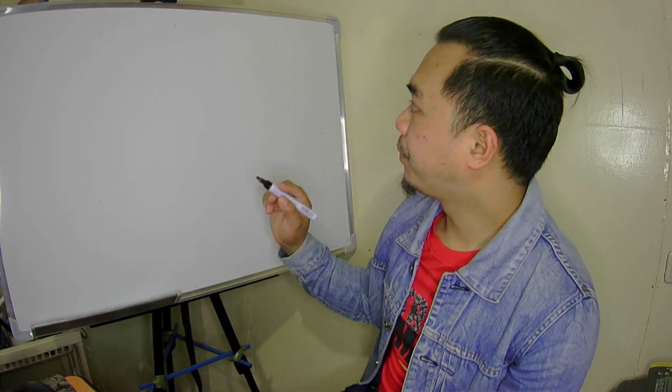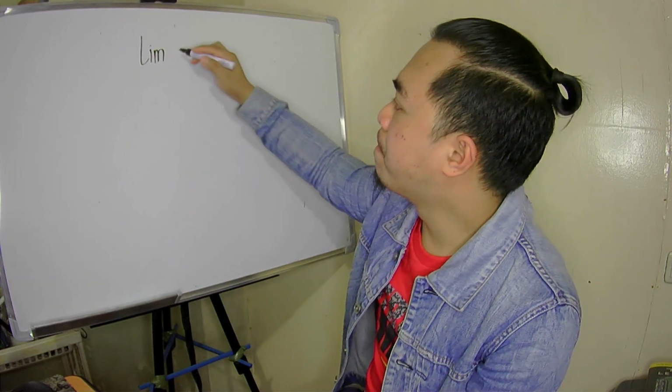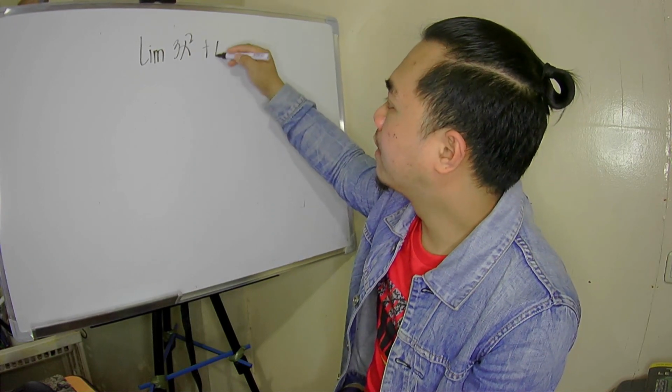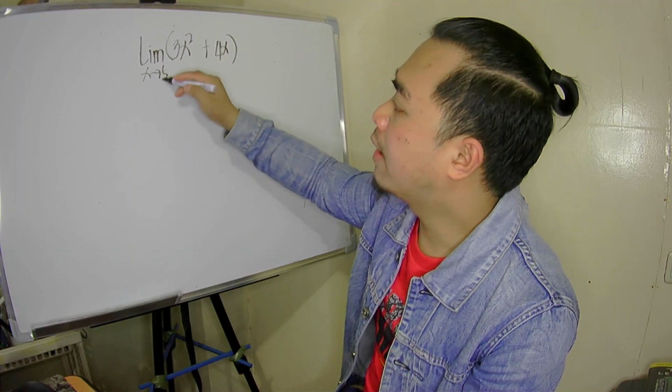Okay. Let us illustrate kung ano yung ibig sabihin ng properties 3, 4, and 5. So, we are to evaluate the limit of 3x squared plus 4x as x approaches 5.